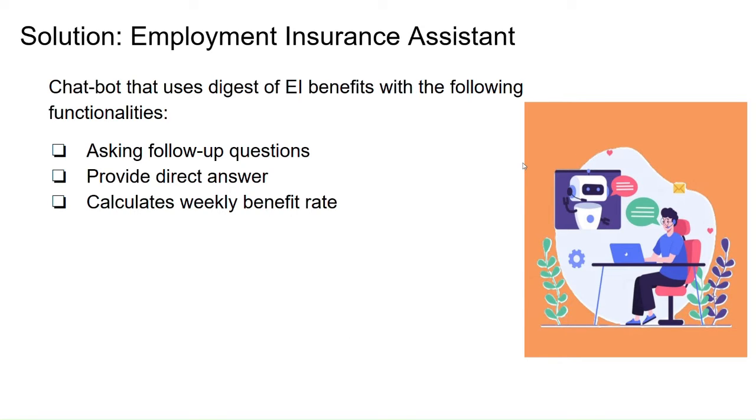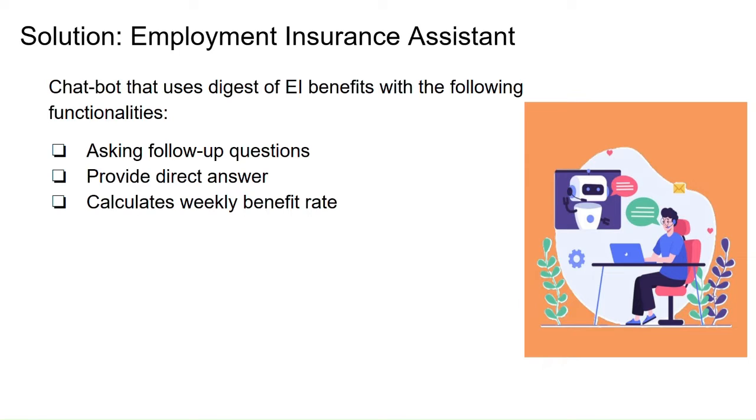The EI Assistant is a user-friendly chatbot that uses the comprehensive digest of EI benefits, composed of 25 chapters, as its knowledge base and handles user queries by asking follow-up questions if the user scenario is unclear or requires an eligibility check.